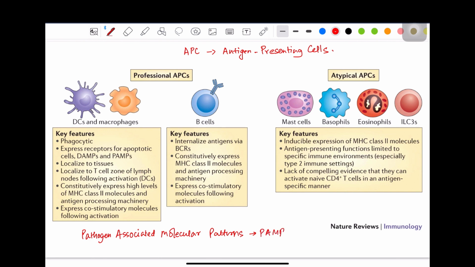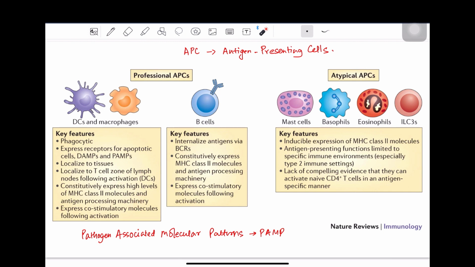Then the dendritic cells and macrophages localize to the tissues, and to the T cell zone of lymph nodes for activation of the T cells. Then they constitutively express high levels of MHC class II molecules and the antigen processing machinery.